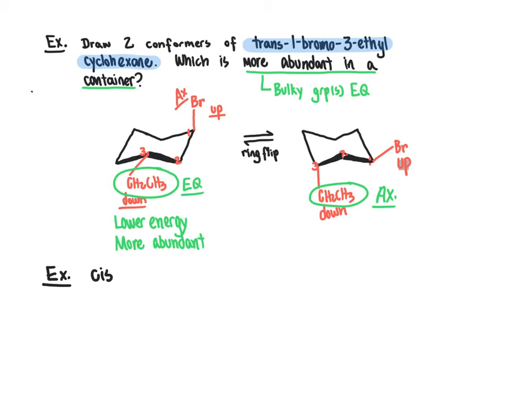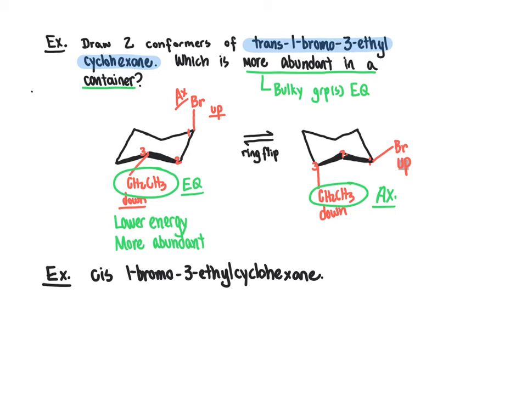Not trans, we're doing cis, they can't be both. Cis-1-bromo-3-ethylcyclohexane. And we're going to ask which of those two molecules would be more abundant in a container.